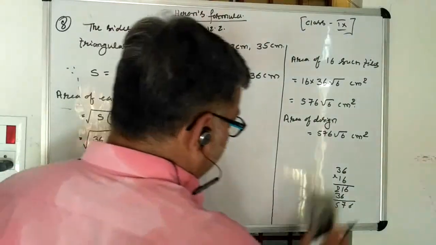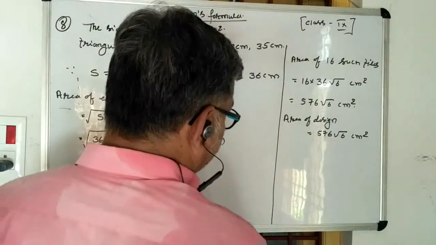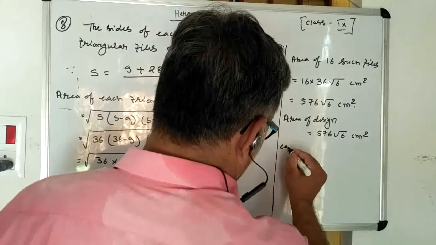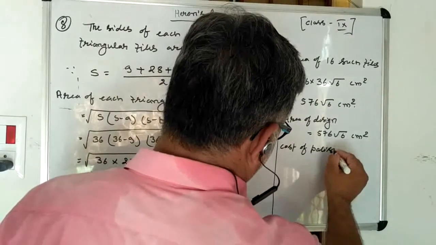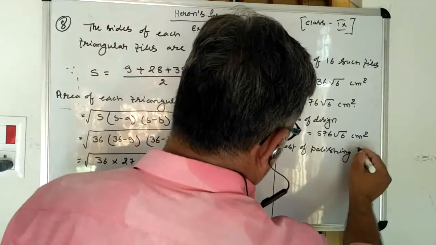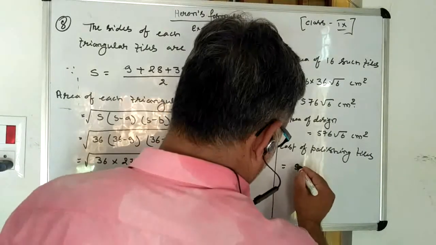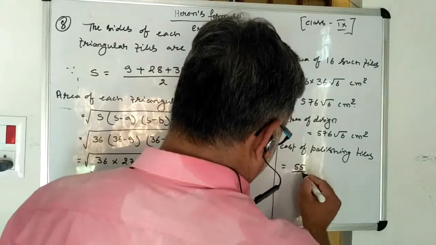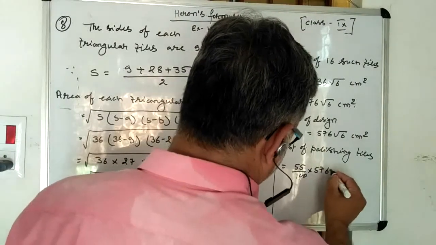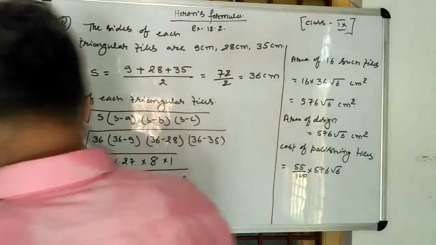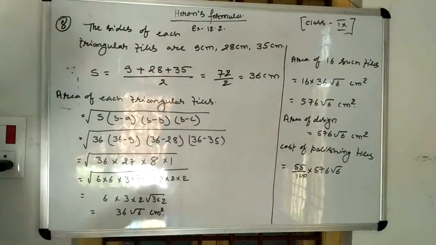Now we need to find the cost of polishing the tiles, which is at 50 paisa per centimeter square. So the cost is 50 by 100 into 576 root 6. This is your required amount of money.